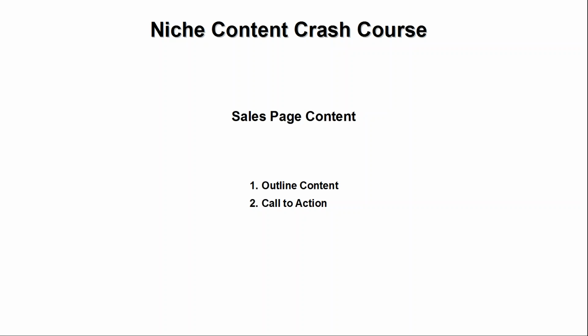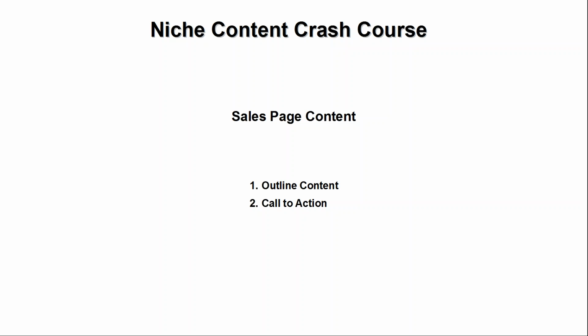Now, when you're dealing with a direct sales page where you're trying to sell a product of your own, the outline for this kind of page is usually going to be a little different from an affiliate review page.